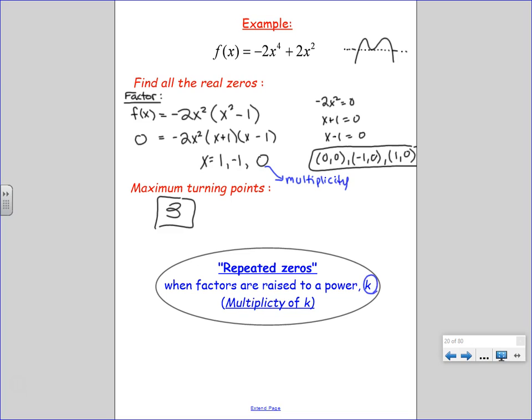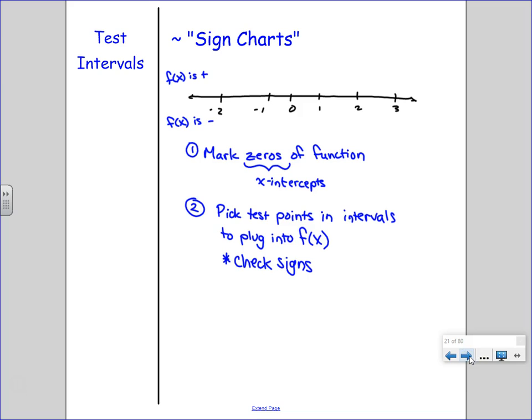The power is the multiplicity. So since x is squared, it's a multiplicity of 2. We'll write more about that in just a slide or two. Okay. All right. I'm going to give you guys a second to write down this page.